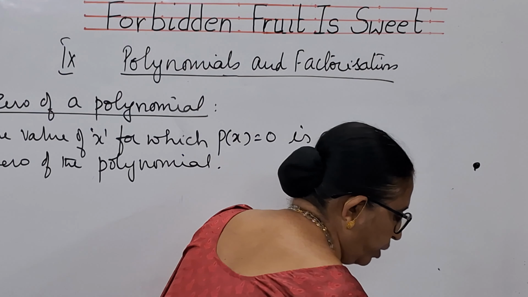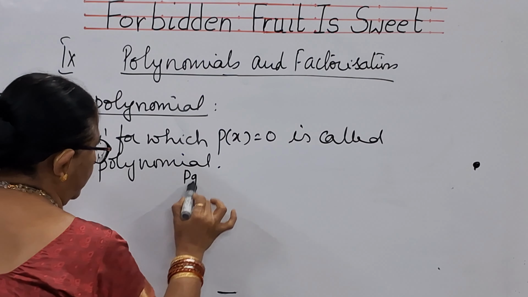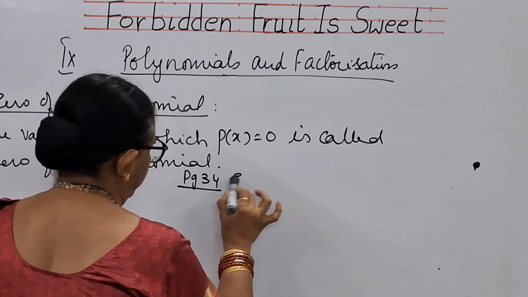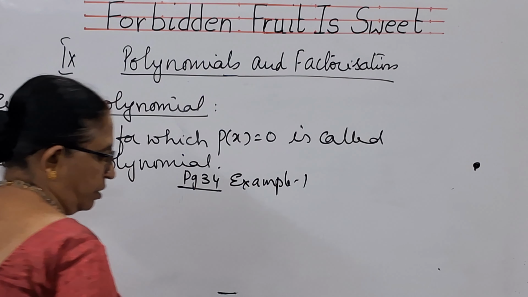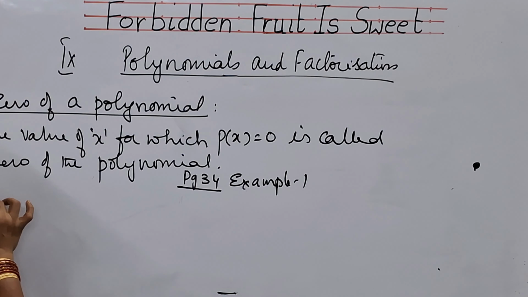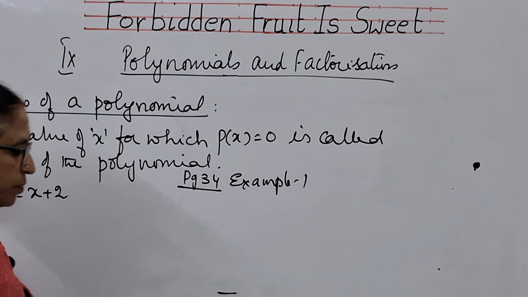Example 1 in page 34. In page 34, we are going to do example 1. They have given p of x is equal to x plus 2.